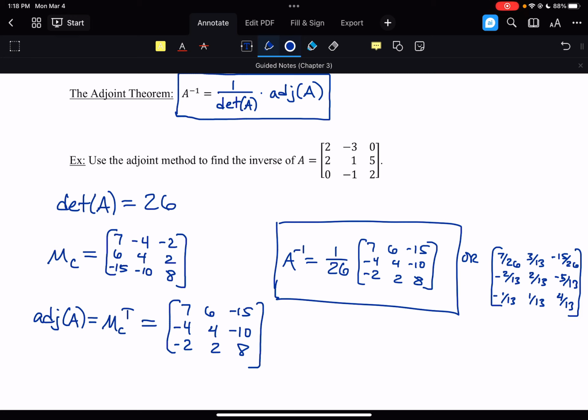Like that. So either way, it is equivalent. So you would get the same result. But this now provides us with a new tool to be able to compute the inverse of a matrix, not only using EROs like we saw back in chapter 2, but by using determinants and by using the adjoint. So by taking the matrix of cofactors and then transposing it. But that brings us to the end of chapter 3 and the end of our discussion on determinants.